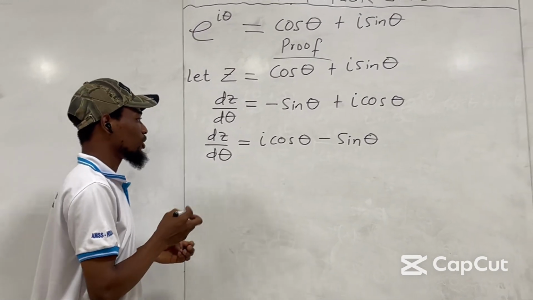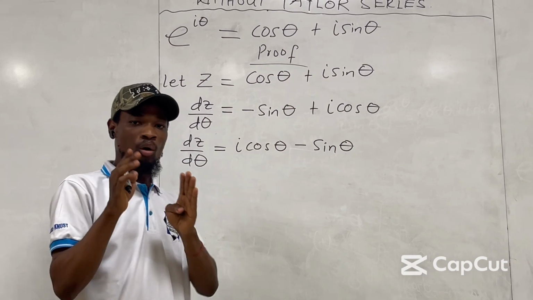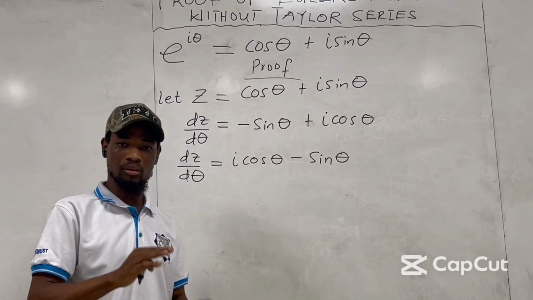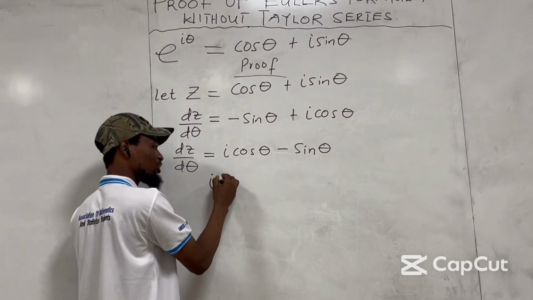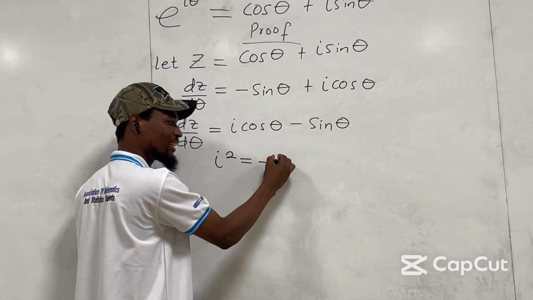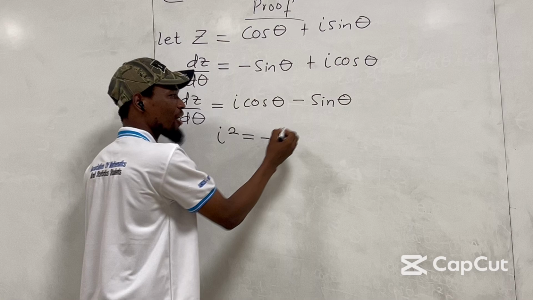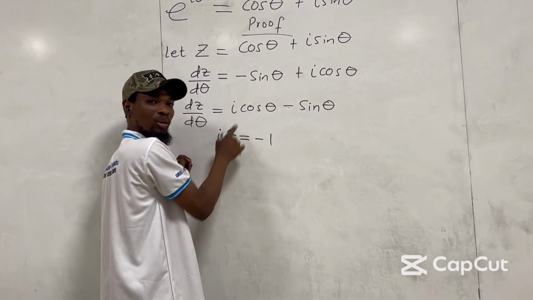Now remember, when we were dealing with the introduction to complex numbers, we learned that i squared is equal to negative 1. So wherever I see this negative, I will put i squared there.